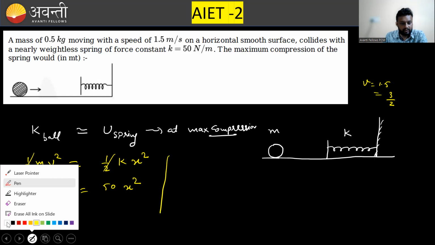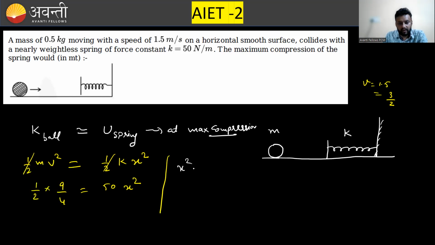So this is again a calculation. X square will be 9 divided by 2 into 4 into 50. Can you see that 50 into 2 is 100? So that can be written as 9 by 100 into 4.